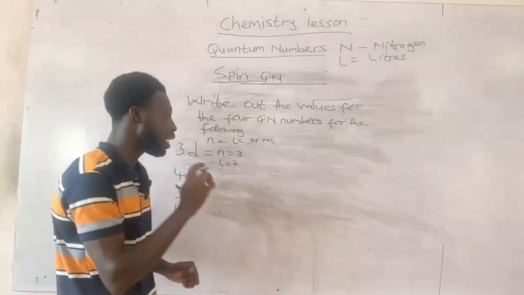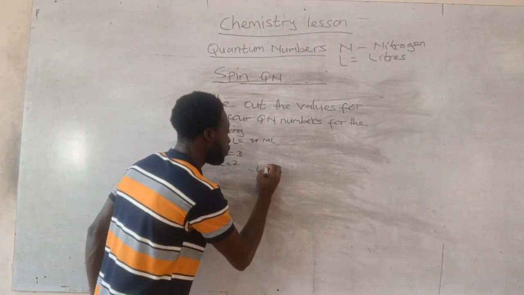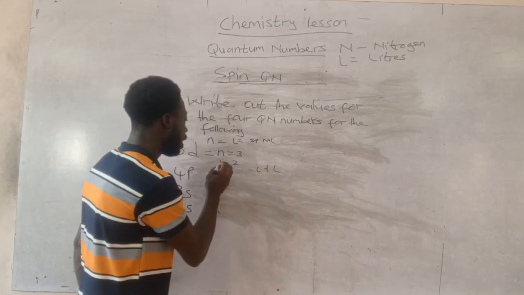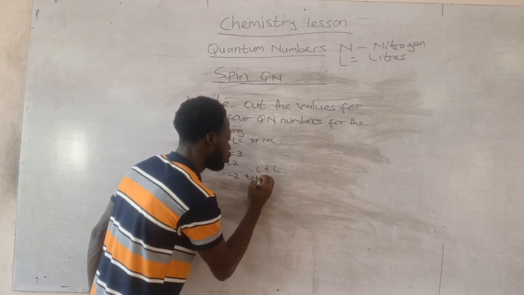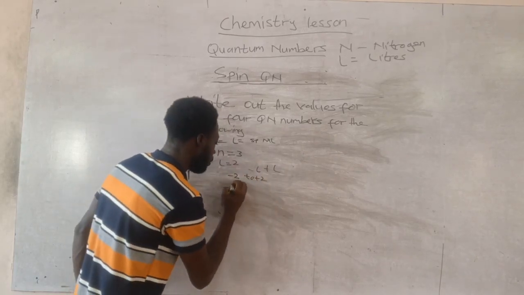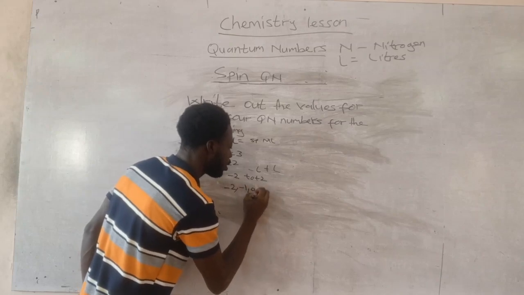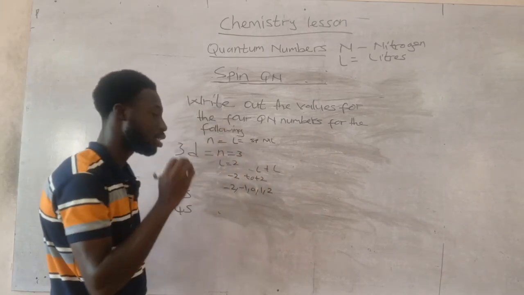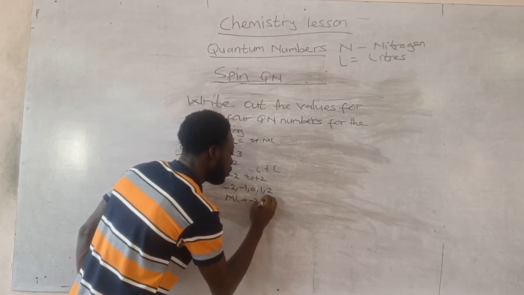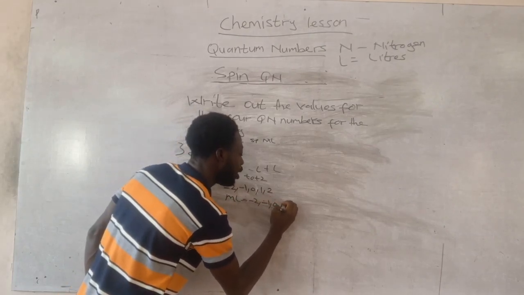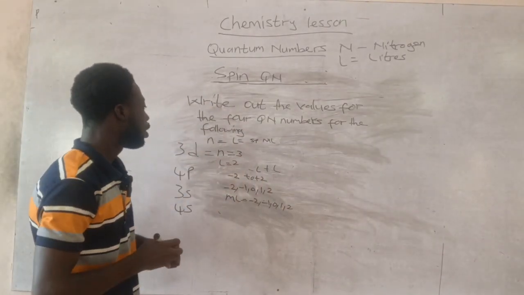I told you that the magnetic quantum number ranges from negative L to positive L. So we go from negative 2, negative 1, 0, 1 and 2. So our ML is equal to negative 2, negative 1, 0, 1 and plus 2.